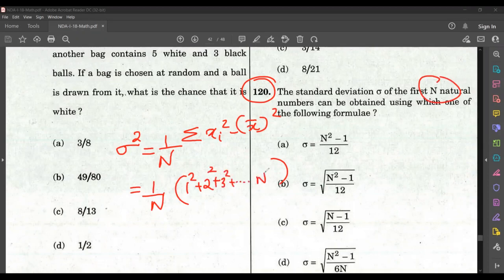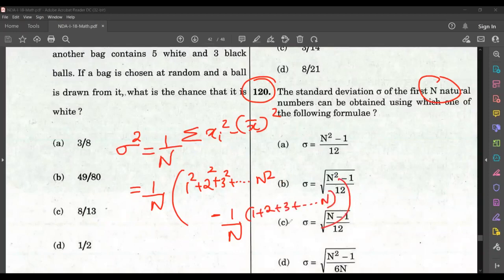up to n square, minus x bar square. What is x bar? X bar is 1 by n into 1 plus 2 plus 3 plus etc. That means sum of the observations by number of observations. So just solve it. This will become 1 by n into, what is the sum of the squares of natural numbers?